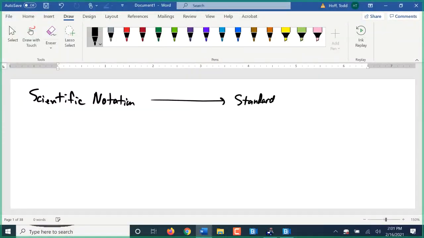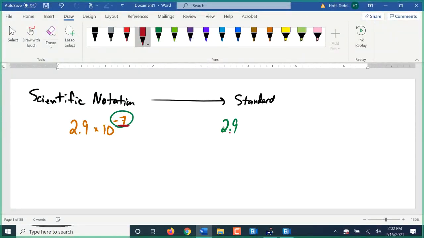If I have something like 2.9 times 10 to the negative 7, the 2.9 stays. The 10 to the negative 7 tells us what place value we're dealing with. Being a negative power, that means it's a small place value. So we're going to make this number smaller by moving the decimal point 7 places.